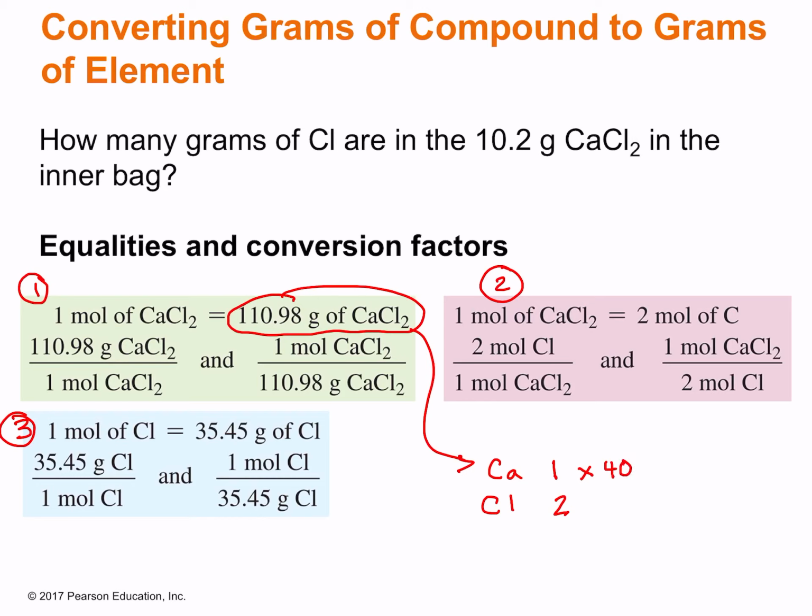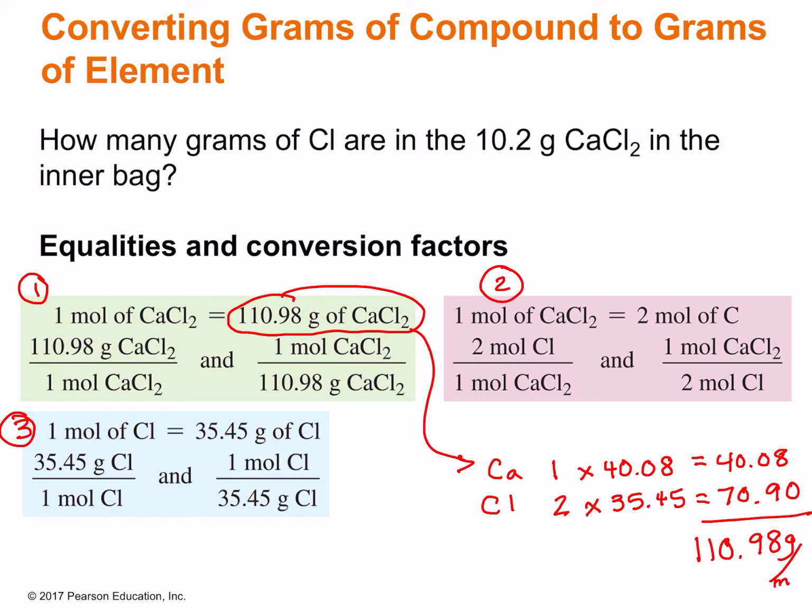We can multiply them by the masses on the periodic table. And then once we do that, we can add them up. And again, this unit is grams per mole on the molar mass. So that's where that number is coming from there.